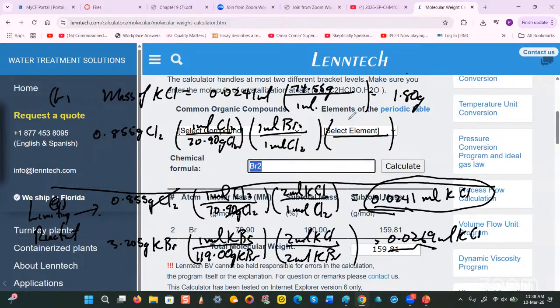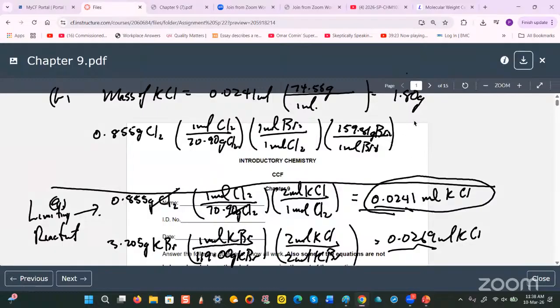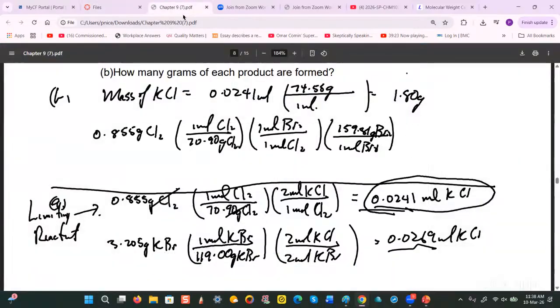So I'm going to put that here: 159.81 grams of Br2 over 1 mole of Br2. The grams of bromine, 159.81. All right, so let's do the calculation for this.